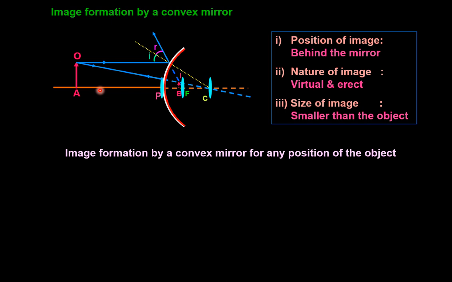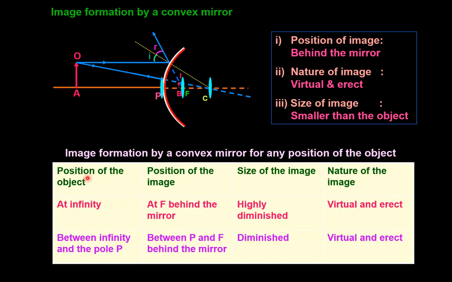So here we have studied only 2 situations. First, when the object was placed at infinity, the position of the image will be at the principal focus. In the case of a convex mirror, the principal focus is on this right side, so at F, behind the mirror.